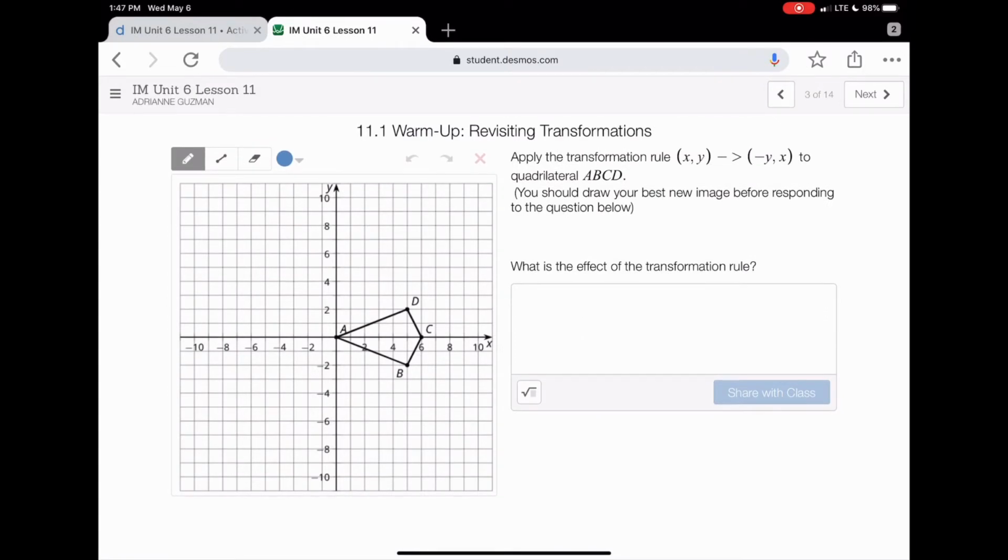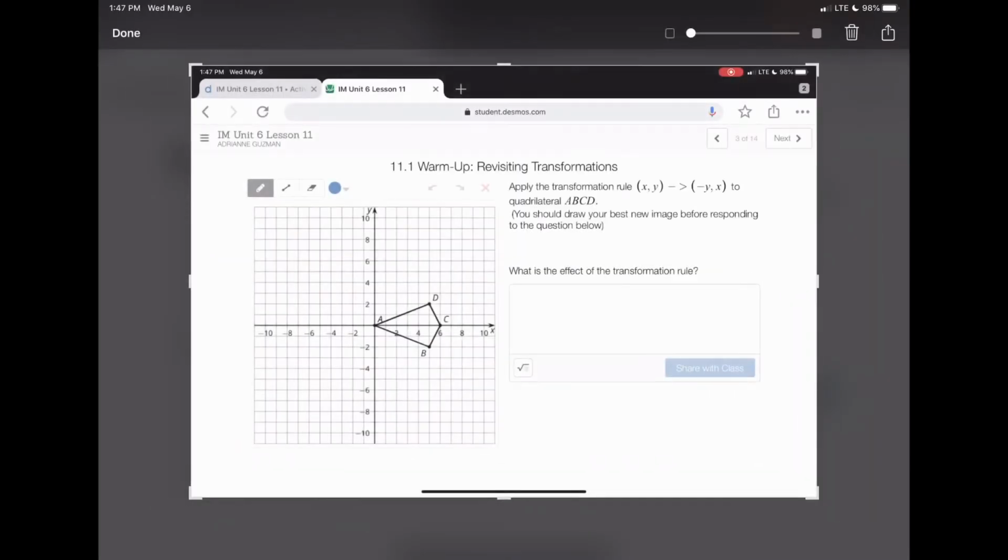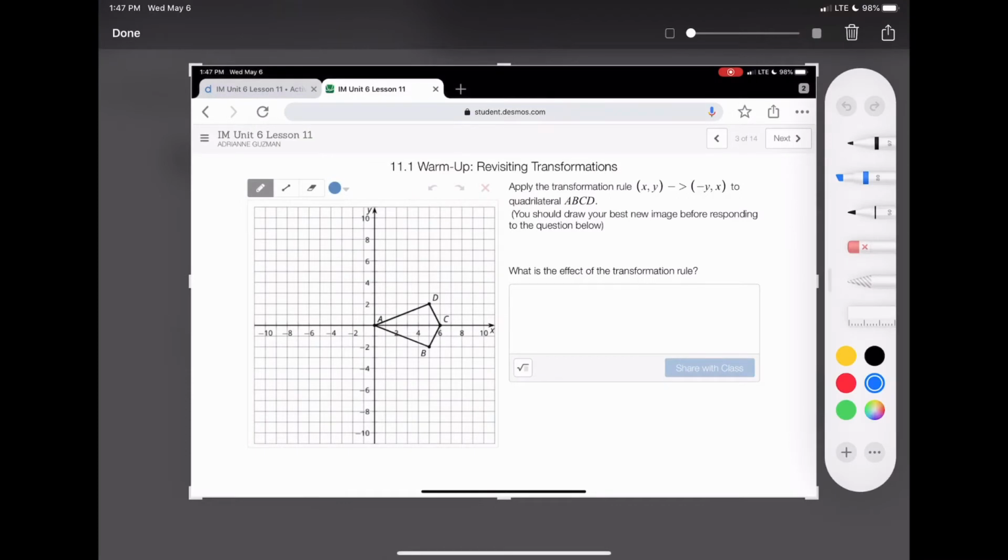So the warm-up is asking you to apply this transformation rule. Now, if you see the rule here, if you notice something, it says whatever your original coordinate points are, what they want you to do is, and look what happens here.